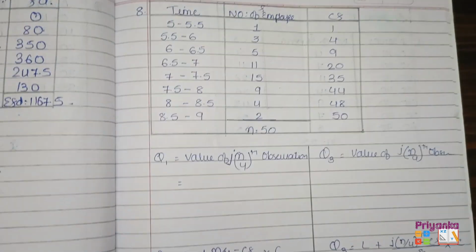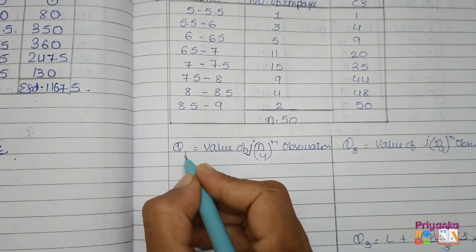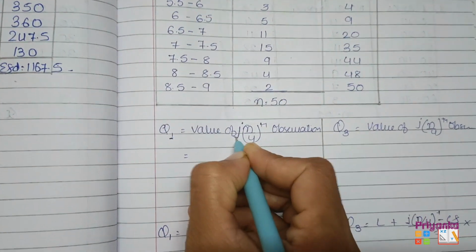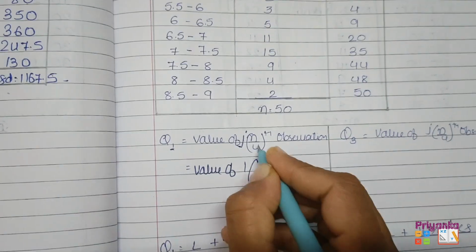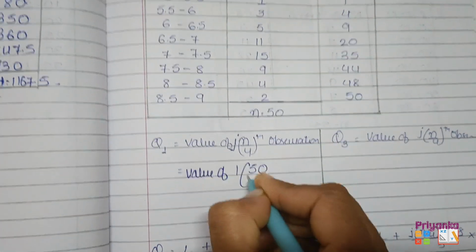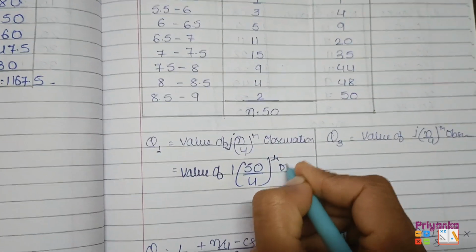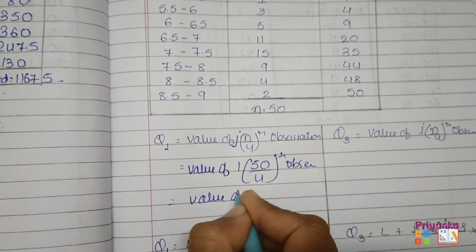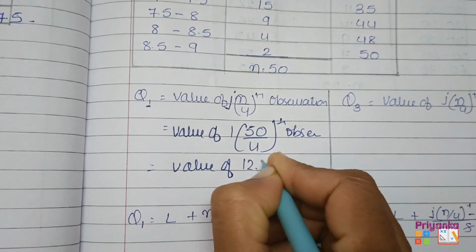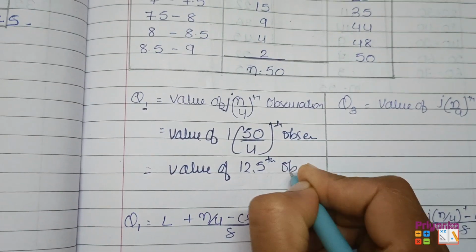So let's start with this. Even here you can put j, but here quartile 1 is there, so j की वैल्यू 1 ही हो जाएगी. So value of 1 n/4, that is 50 divided by 4th observation. So here we'll get 12.5th observation.